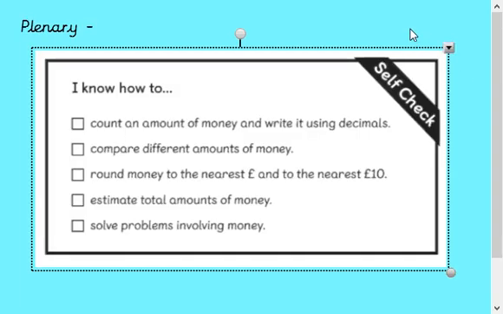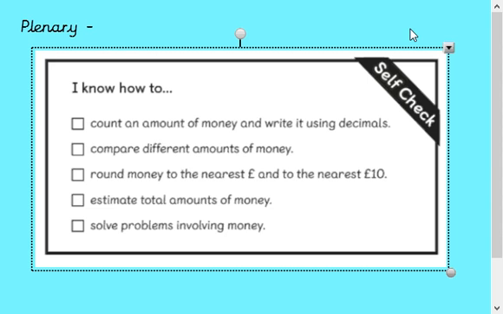And finally, let's move into our plenary this morning. Now, we are at the end of our little topic on money. And what I want you to do, a bit like the end of the last unit, I've put a self-check box onto the screen here. And you can have a look at this inside your textbook as well.